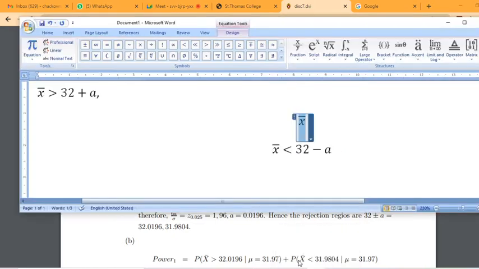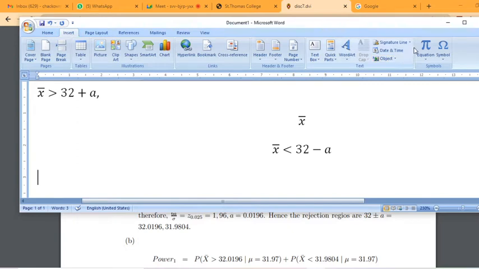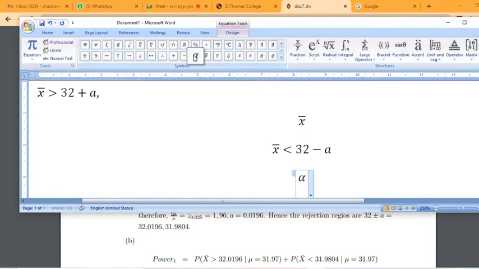So alpha equals the probability of x bar greater than 32 plus a plus the probability of x bar less than 32 minus a.